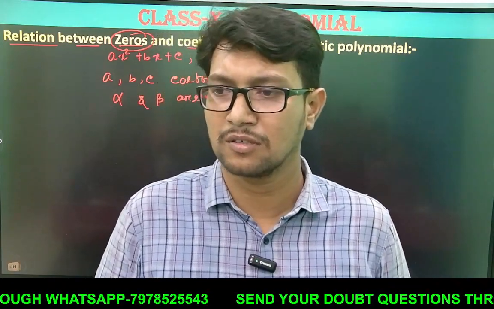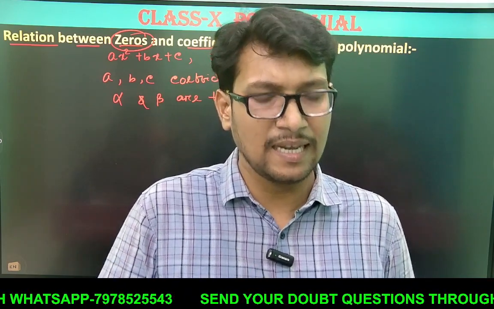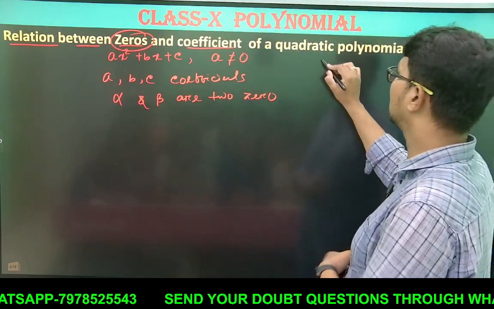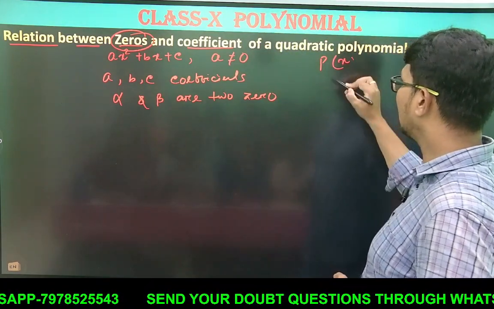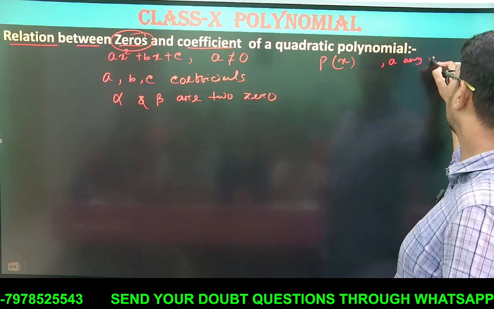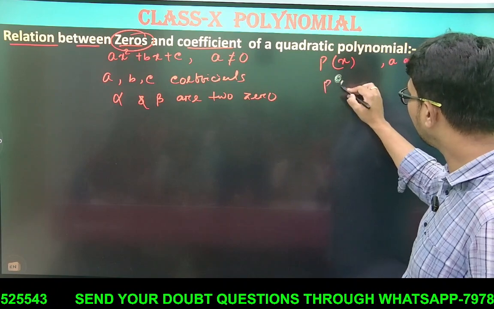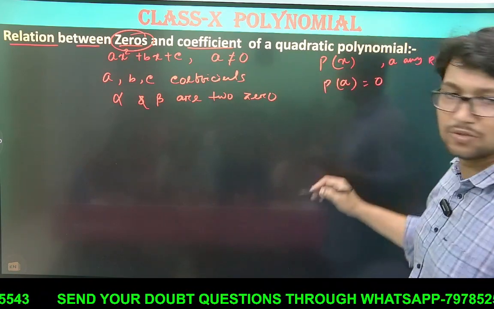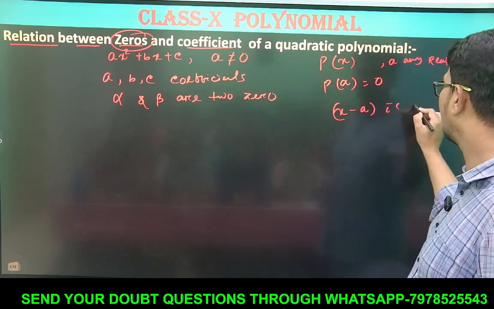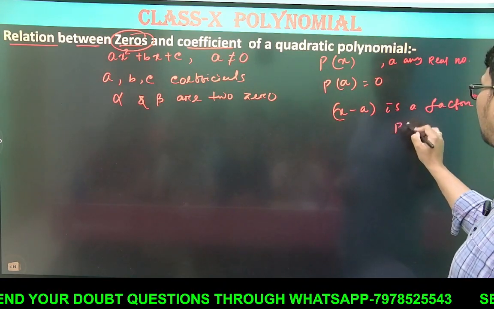If p of x is a polynomial and a is any real number, and if p of a equals 0, then x minus a is a factor of p of x.